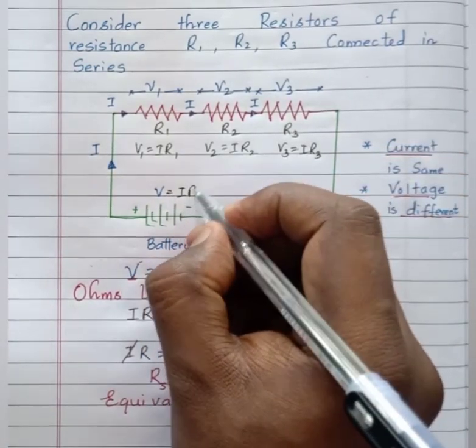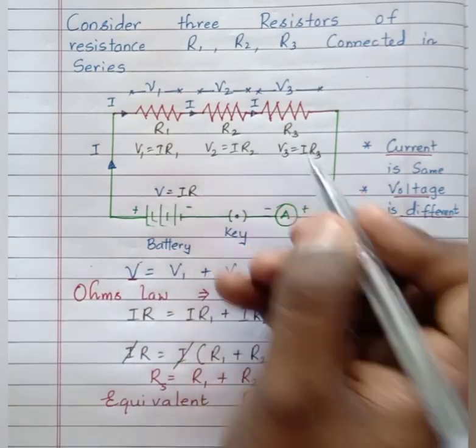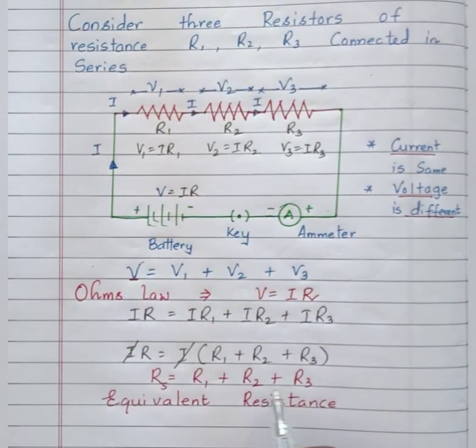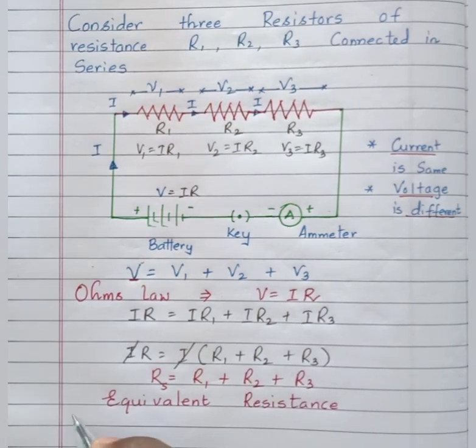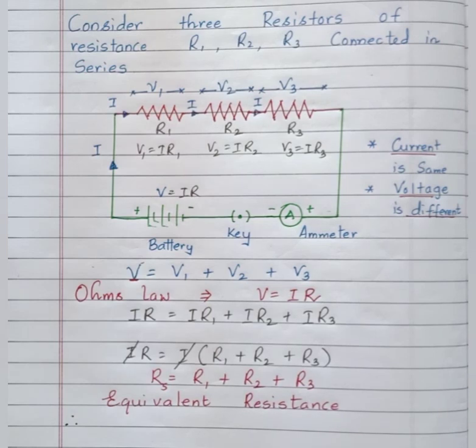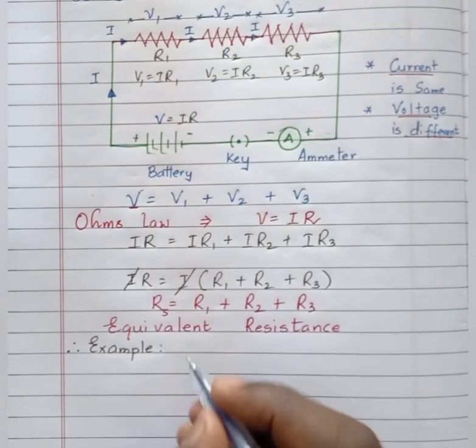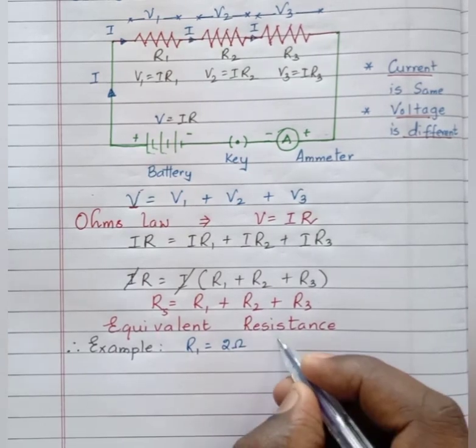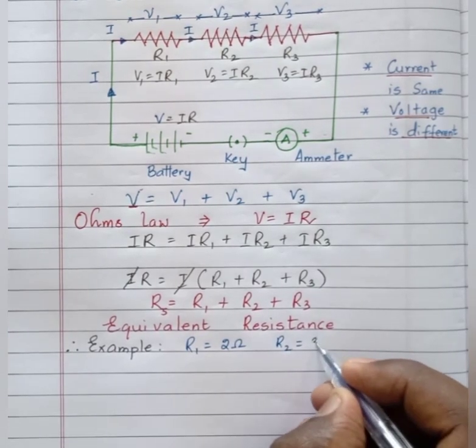V equals what? I into R. Therefore, we can say that the equivalent or the total resistance of the circuit is the sum of individual values of resistance.